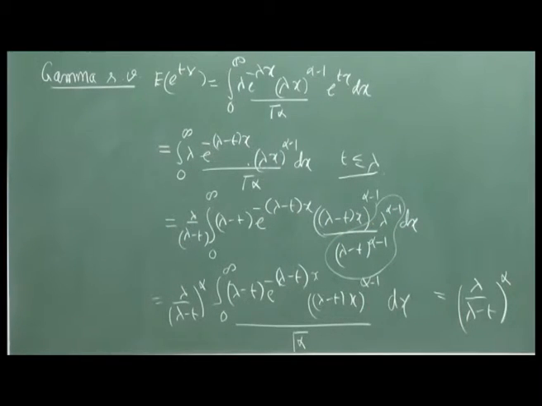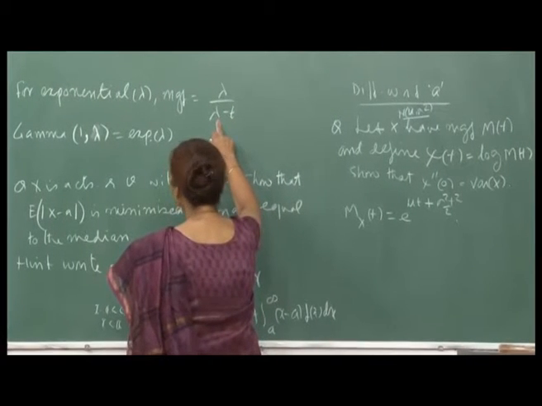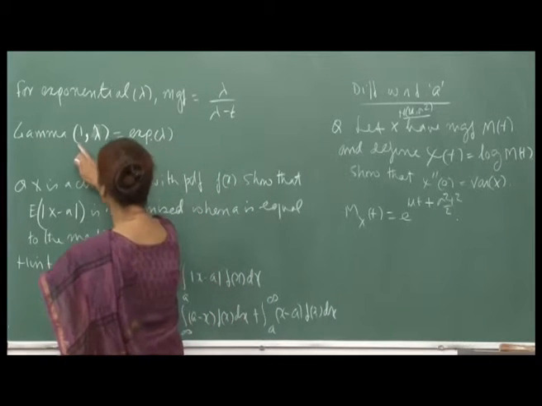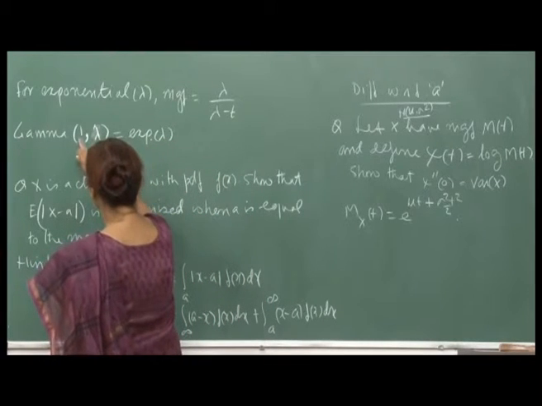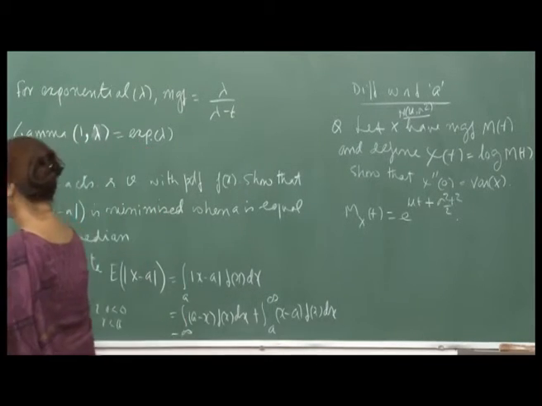Now, if you recall, for an exponential distribution, the MGF is lambda upon lambda minus t, if lambda is the parameter. So, what is turning out to be the exponential is gamma 1 comma lambda. Okay, I have been saying it the other way.